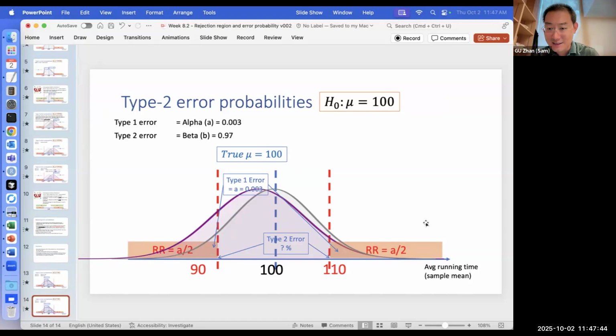We're just a bit unlucky to make this mistake. It got rejected, but actually the true mean is 100. There are occasionally small chances the sample mean can go to very extreme regions even when your true mean is 100. But the chance is very small. It is 0.003, 0.3%. So that's your type 1 error, your alpha.